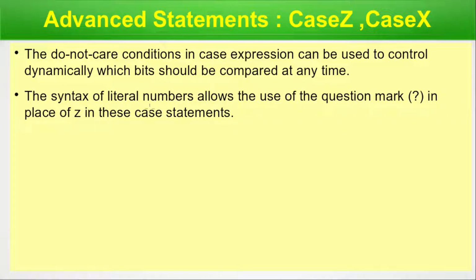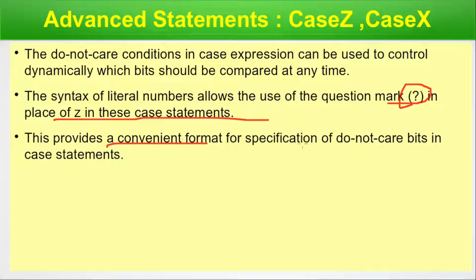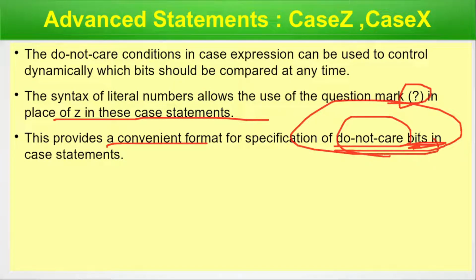The syntax of literal numbers allows the use of a question mark in place of Z in the case statements. This provides a convenient format for specification of do not care bits. To denote the do not care bits, we use a question mark for Z cases.